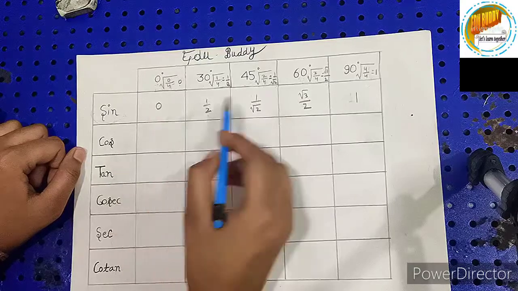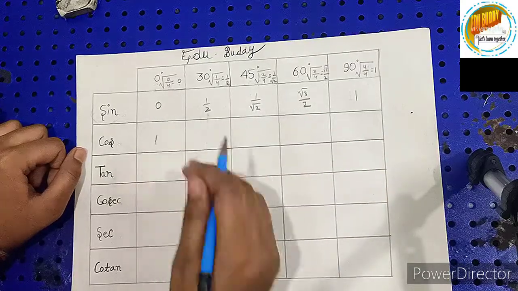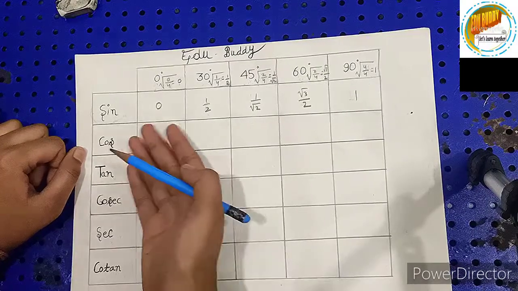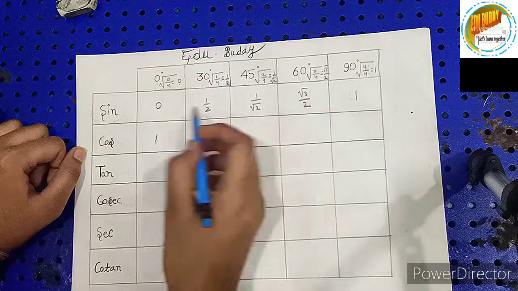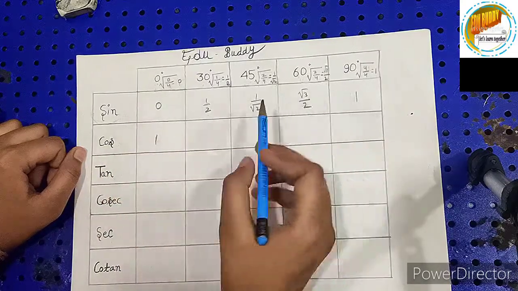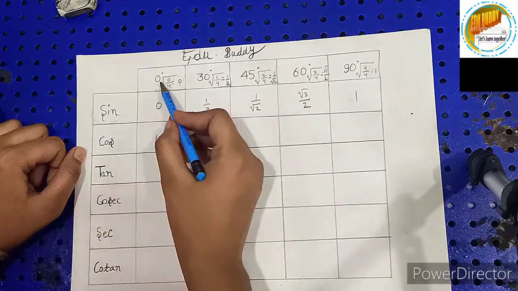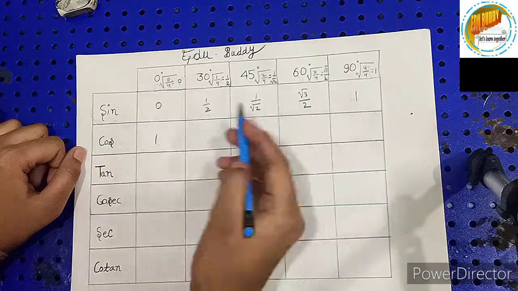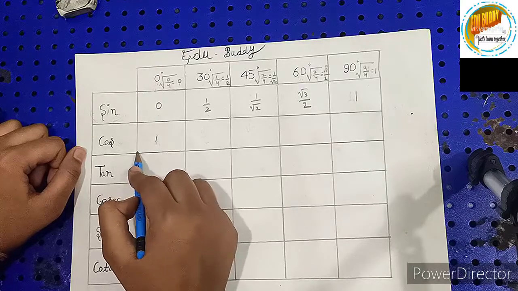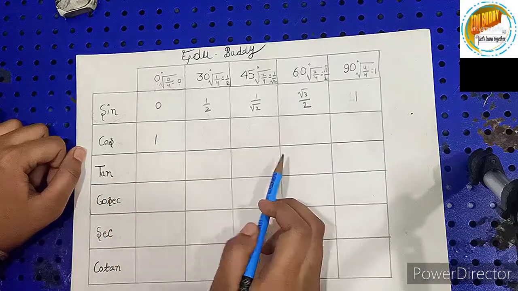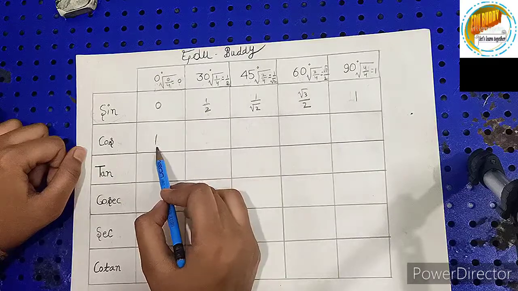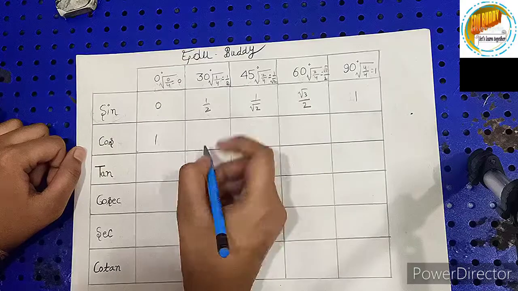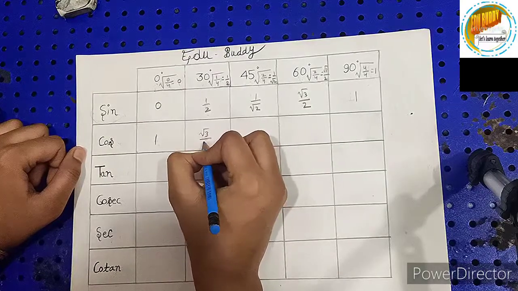Now we are going to find the values of the second trigonometric function which is cos. We will use the values of the sine function. Sine 90 degree is 1, so the value of cos 0 degree is 1. We will use the values of the sine function in reverse to find the cos function. Cos 30 degree is sine 60 degree, that is root 3 by 2.